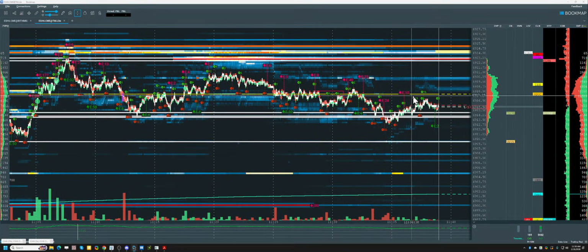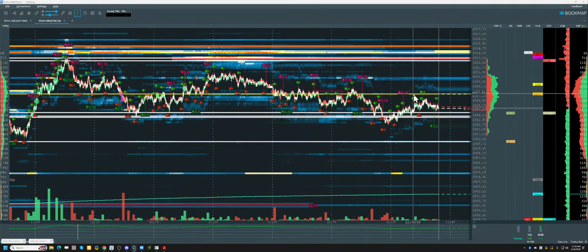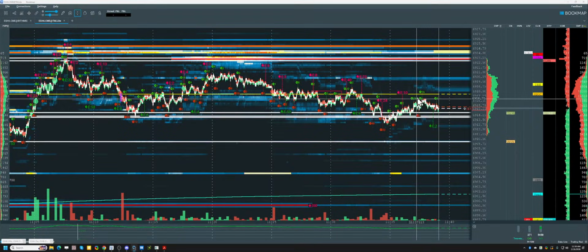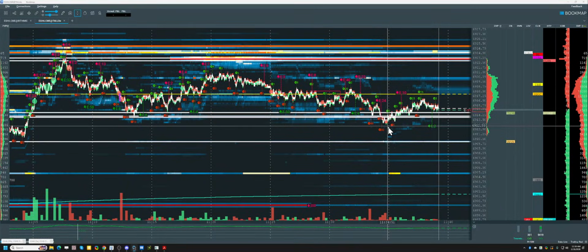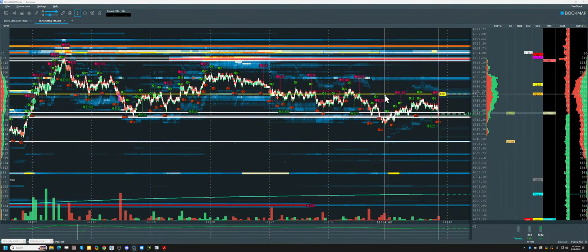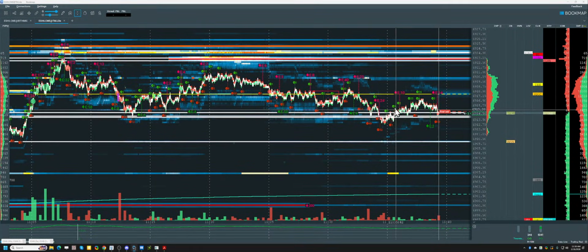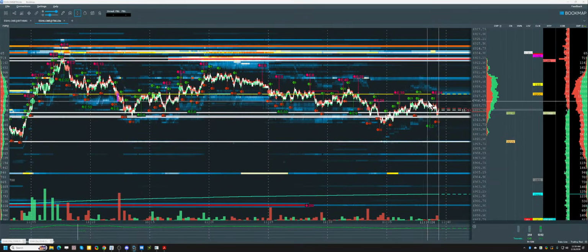So for getting risk neutral, because this is my obstacle, I need enough range ahead of this to cover. So if my entry is here, my stop is down here, you see. Well, not so much. So it doesn't qualify. But what it does is it's going to show you market mechanics.